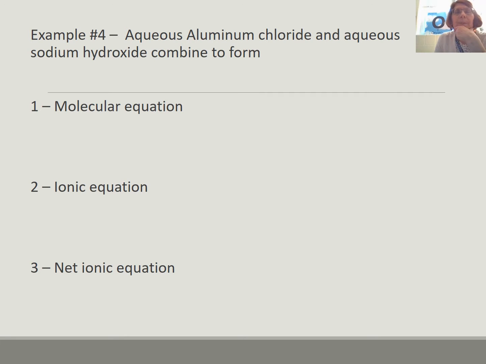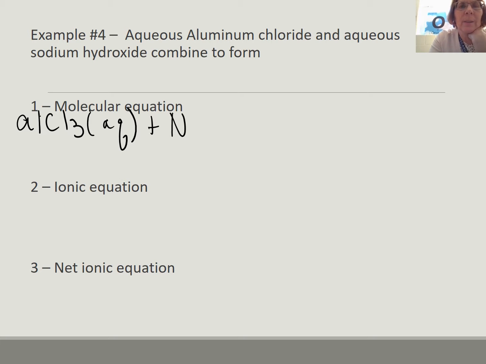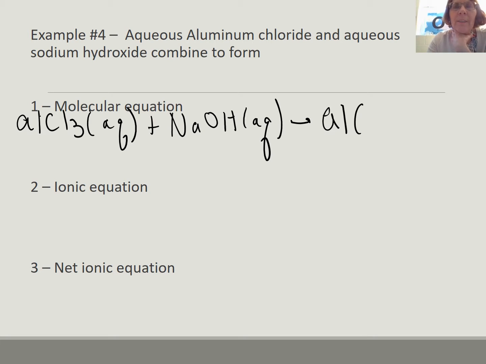All right, so we have aluminum chloride. Aluminum is a plus 3, so it's AlCl3 aqueous plus sodium hydroxide. Sodium's a plus 1, hydroxide's a negative 1, so they cancel. So aluminum's going to hook up with hydroxide.